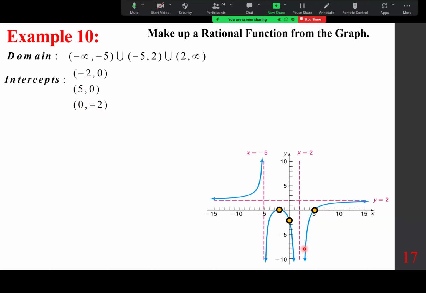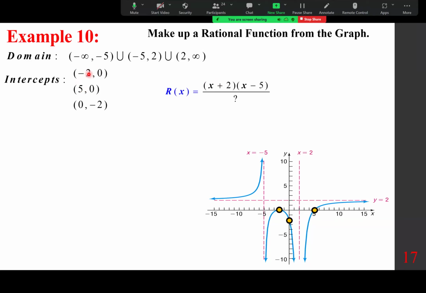As you look at this one, the graph crosses the x-axis. As you look at this one, the graph can't cross, meaning it has to have a multiplicity of 2. So the numerator must have x plus 2 and x minus 5.